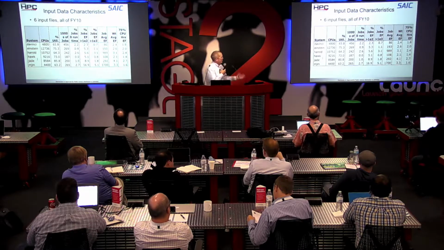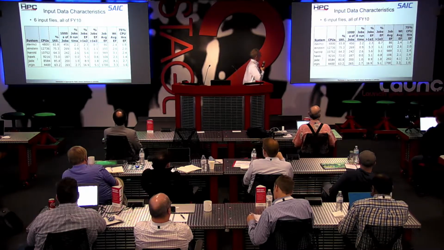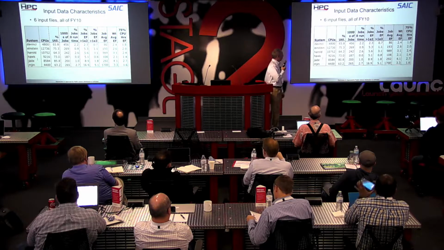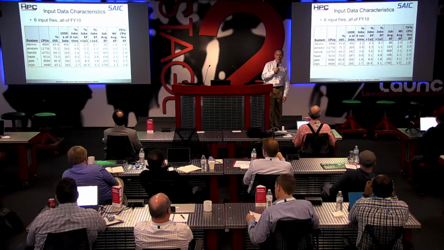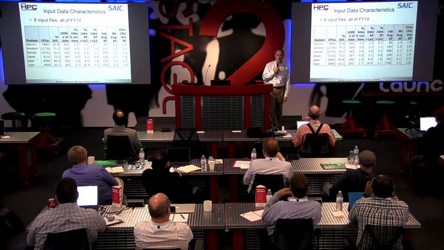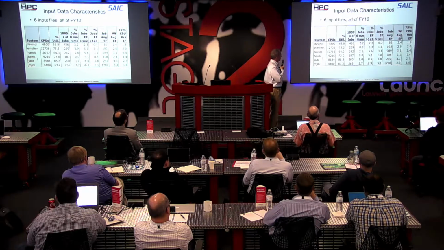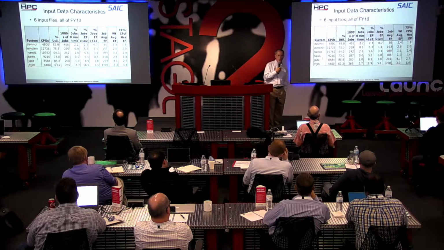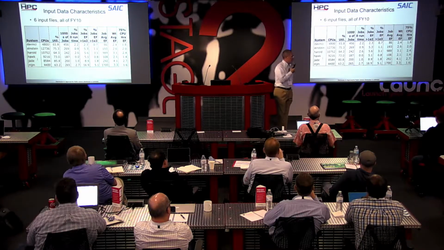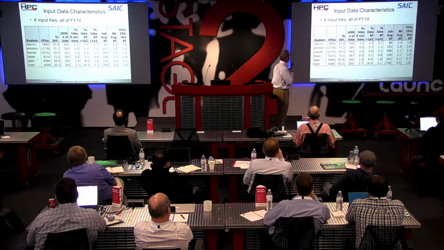Here are the input data characteristics. Until you actually look at some of these data, you really can't believe what your users are up to. The number of jobs that we discovered that had 0 runtime is just amazing. We had some evil suspicions about what they were up to when they did this.